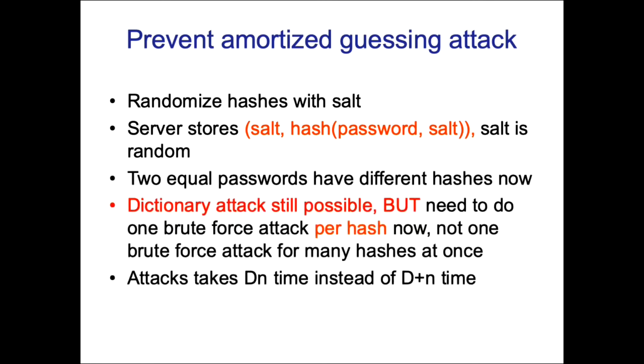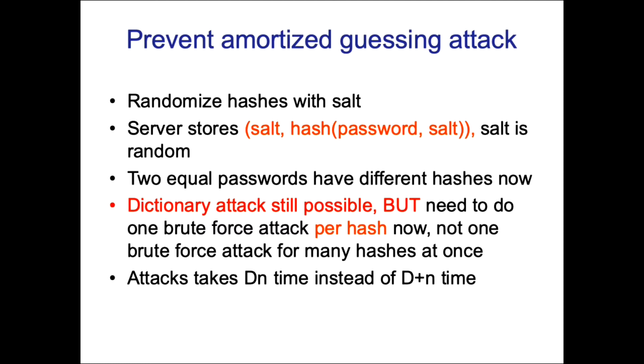But here's what happens. The server is going to use a different salt for two different users. So two equal passwords from different users have different hashes now. So the dictionary attack is possible, but you need to do a dictionary attack for every hash now. You can't just do one dictionary building for all the hashes. You have to do one dictionary pass for every single hash of a password.